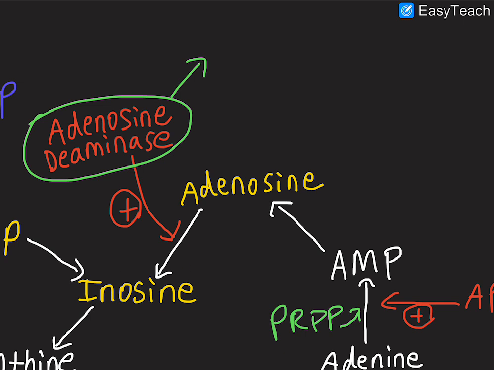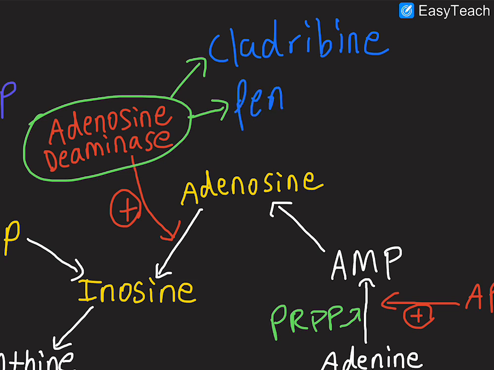The first drug that we should know is called cladribine. And the other drug that inhibits adenosine deaminase is called pentostatin. So those are the drugs that inhibit adenosine deaminase.